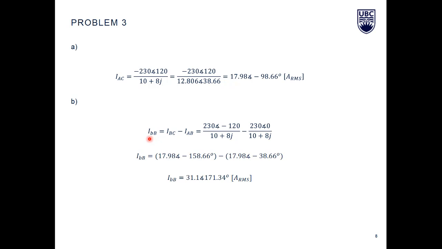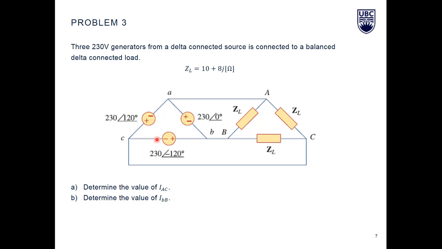And to find IBB, again we go back to the question figure. We see IBB, we can say it as IAB minus IBC. So it's writing a simple KCL here. You can see that we have two incoming currents and one outgoing current, and with that you can find IBB in terms of IAB and IBC.